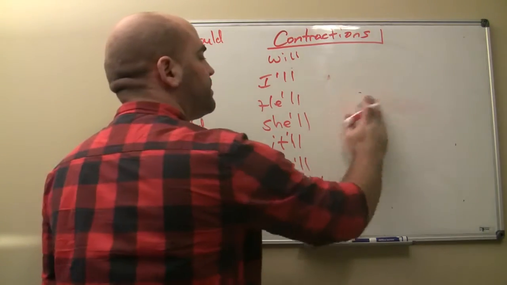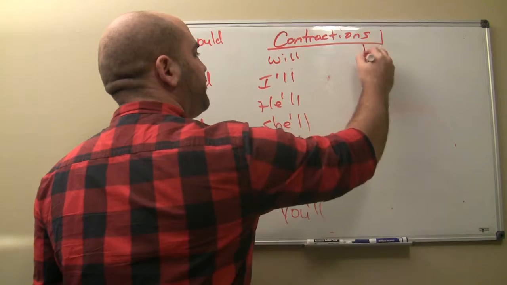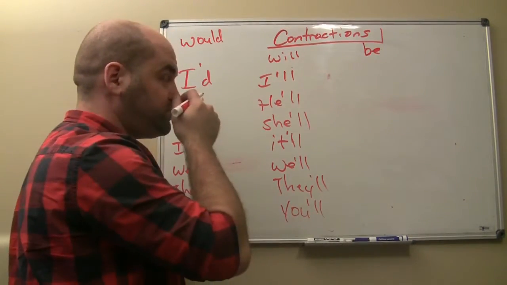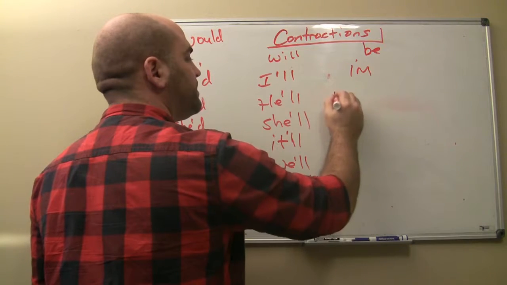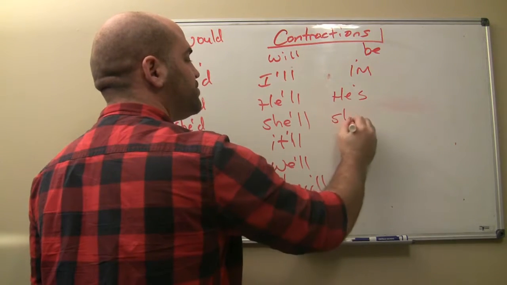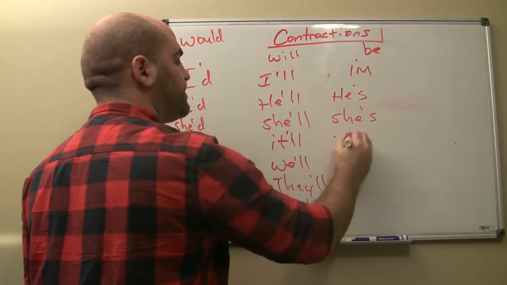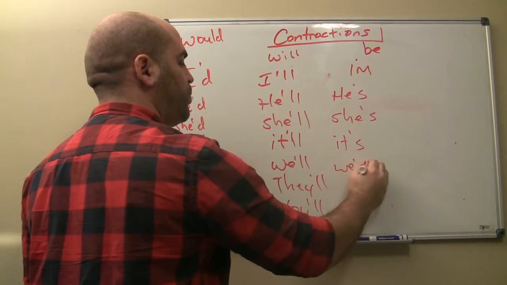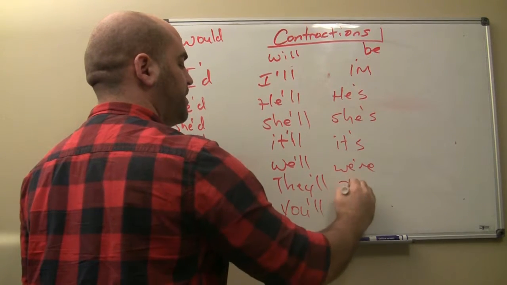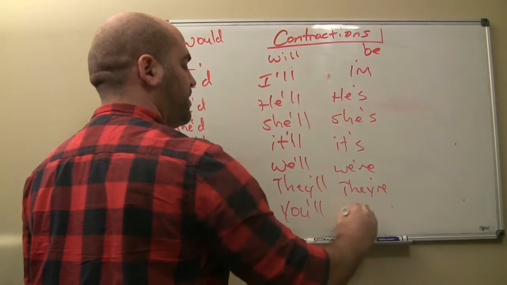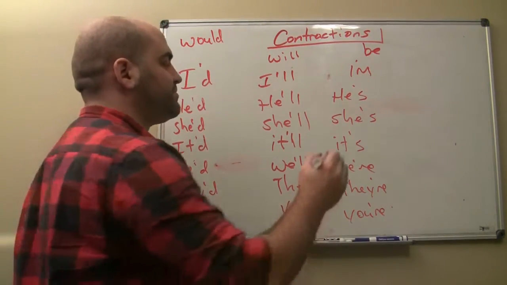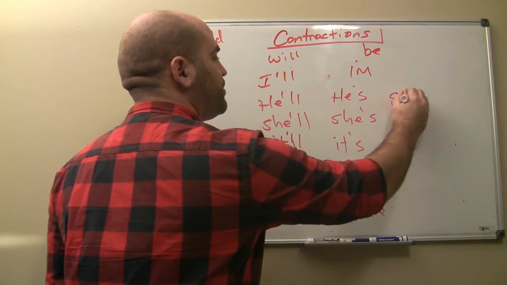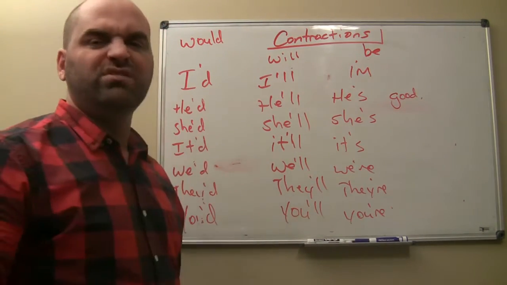Okay. The next one is the be form. So for example, I'm, he's, she's, it's, we're, they're, and you're. And we're going to use the word good. I'm good.